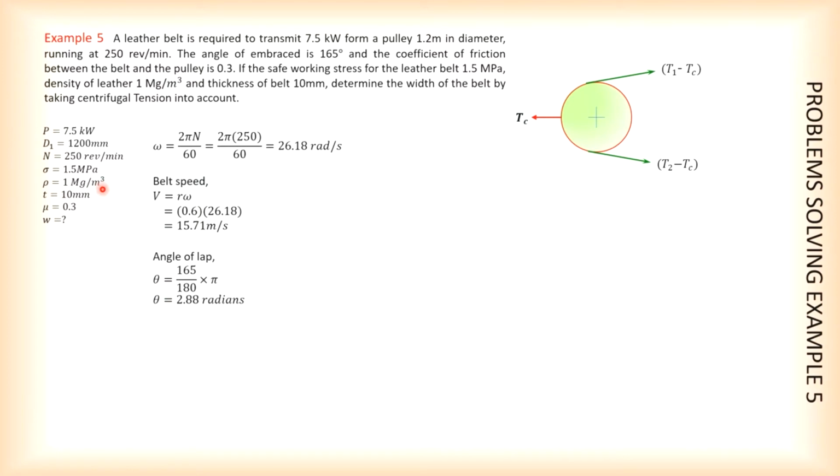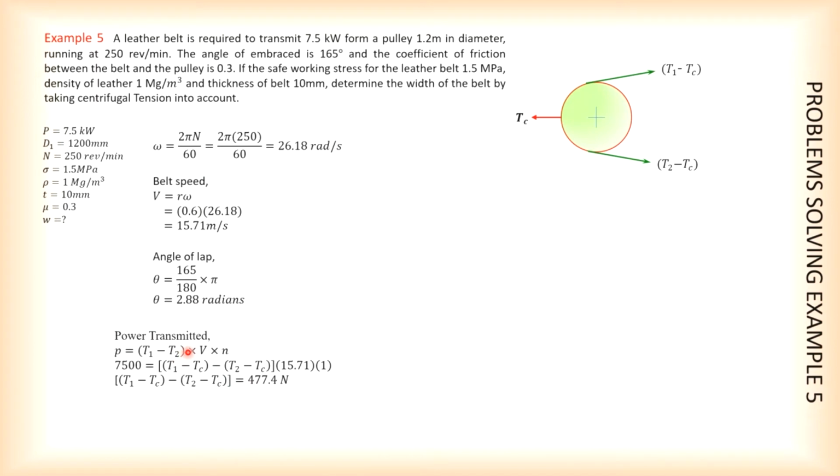They have given us 165 degrees. Convert to radians: divide by 180 times pi, or divide by 360 times 2 pi. So you get 2.88 radians.